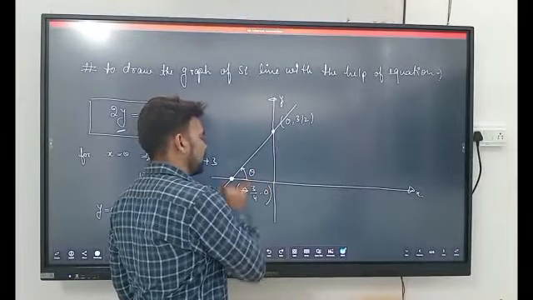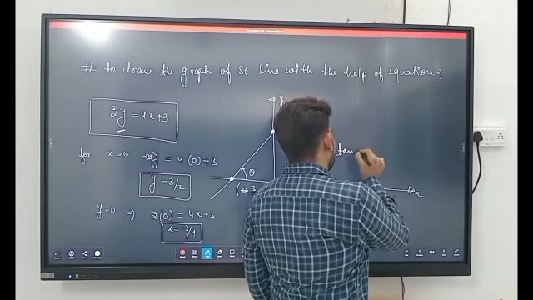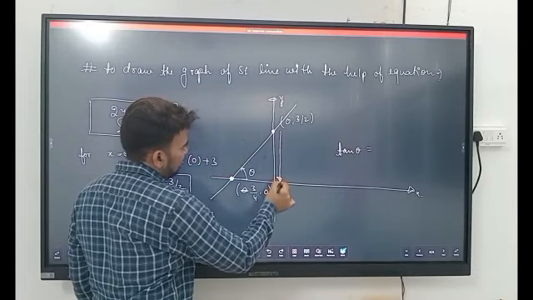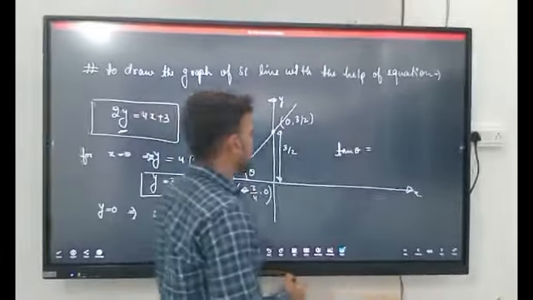Let us suppose this angle is theta. Tan theta is nothing but y by x. This length is 3 by 2, and this x is 3 by 4.